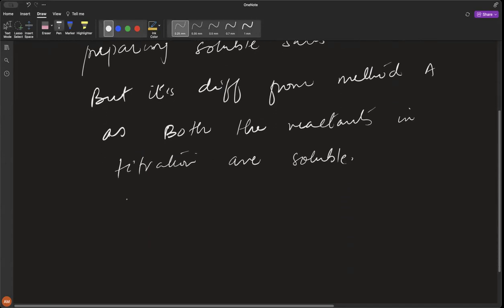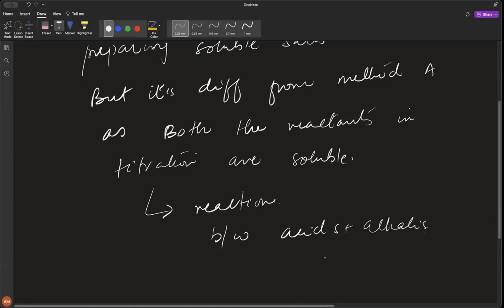Which means that titration is a reaction between acids and alkalis. You get it? Soluble, because metals are not soluble. Most of the carbonates are not soluble. So what is left is alkalis and soluble carbonates. All right? Is this clear? I want you to understand this first.